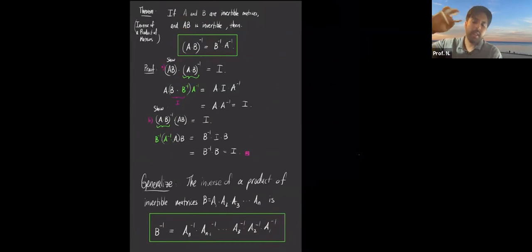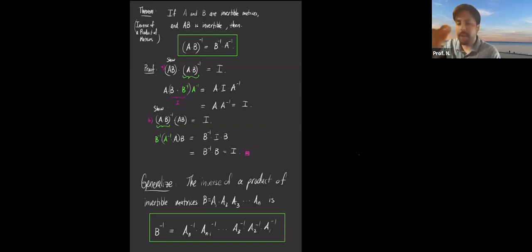So then the extension to this is that if you have a product of multiple invertible matrices, so not just two matrices, but let's say you have more than two. Like, let's say I have n such invertible matrices, and I take a product of the first one, the second one, the third one, all the way to the nth one.